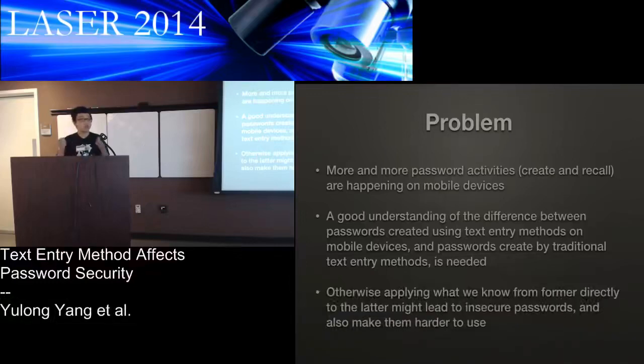Otherwise, applying what we know about the latter directly to the former would probably lead to insecure passwords created on new text-centric methods, or make the passwords harder to use on new text-centric methods. So that's our research problem.